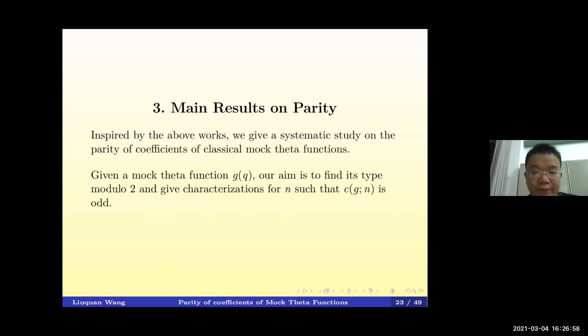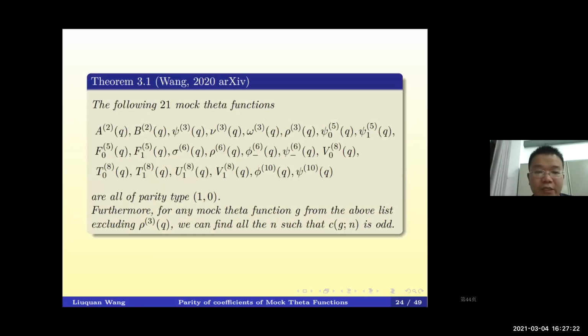So given a mock theta function g(q), our aim is to find its parity type modulo 2. And if possible, we want to give characterizations for n such that c_g(n) is odd. That is, we want to determine precisely for what kind of n c_g(n) is odd and for what kind of n c_g(n) is even.